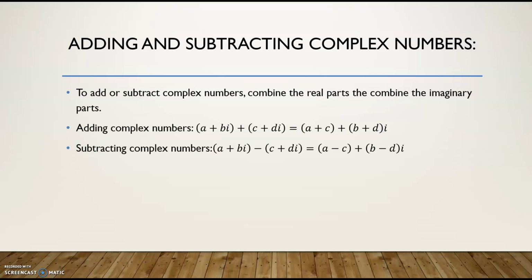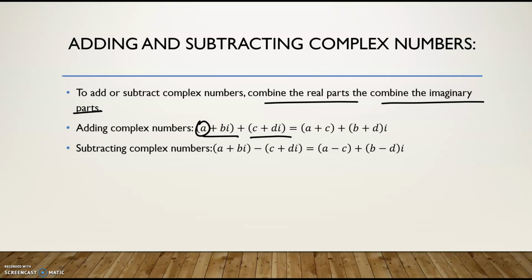Okay, now let's look at adding and subtracting complex numbers. So what you need to do is combine the real parts with each other and then combine the imaginary parts to each other. So if we look at a plus bi is one imaginary number, plus c plus di is another imaginary number.